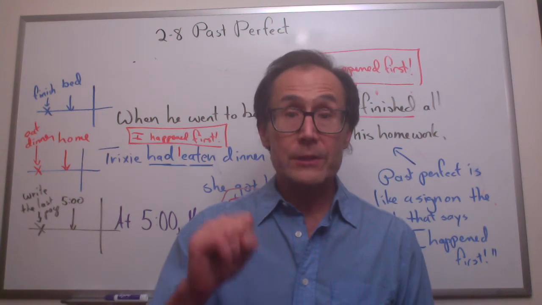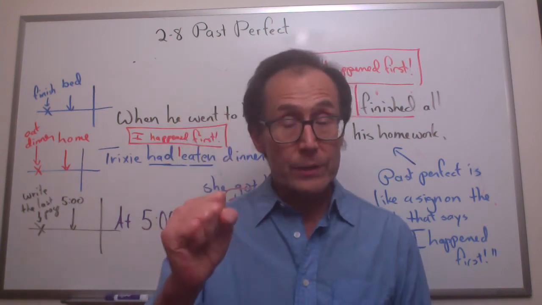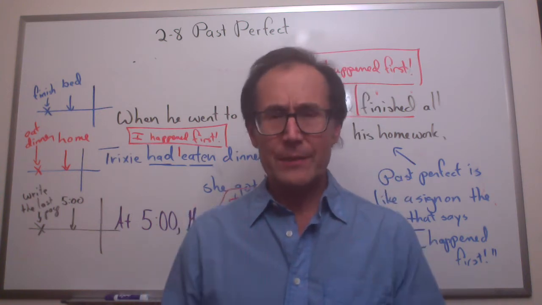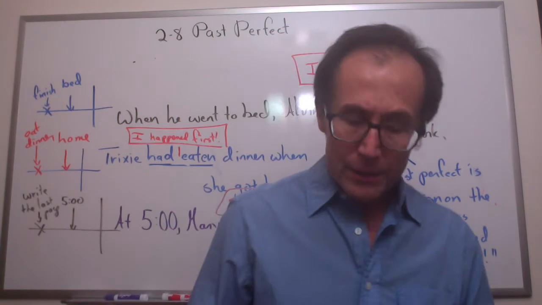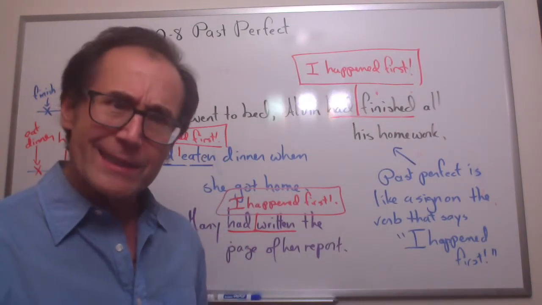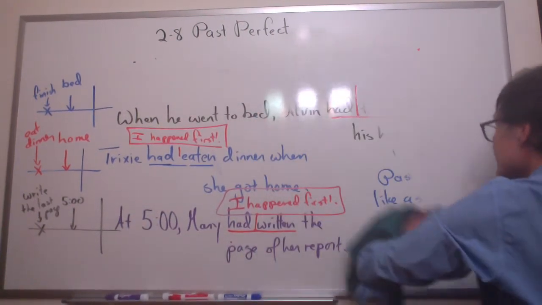So it's to show which one happened first if I want to be super clear, or maybe it's not already clear. I'll give you some examples of that because I know it's hard to think of that unless you can actually see some real sentences that use it. So let's erase this.